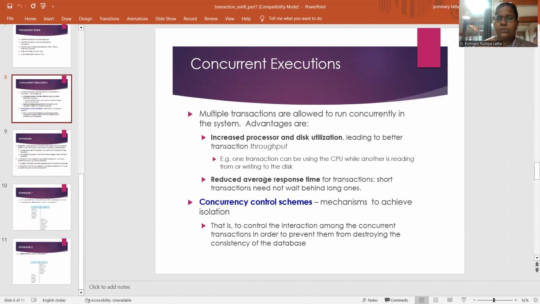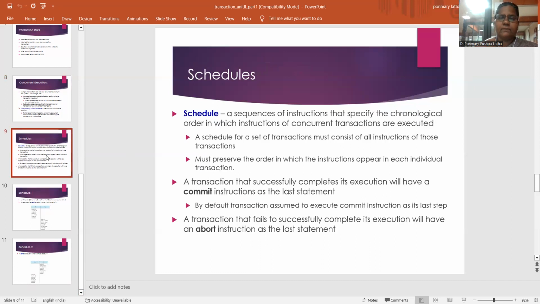The main thing here is, even though we execute the things concurrently, we would like to go with isolation. When two processes are isolated, only then can you go with concurrent execution. If both are dependent on each other, in this case maybe you can give a serializable way. But if they depend on each other fully, it's very difficult to go with concurrent execution. So you have to go with isolated processes.